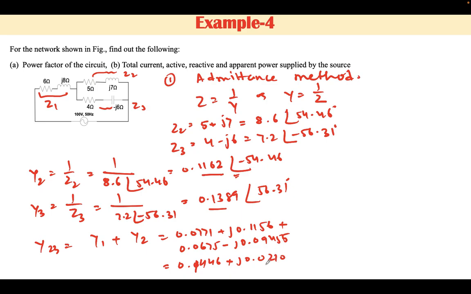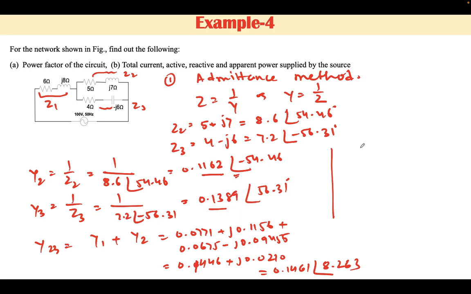Now converting it into polar form again, the resultant value will be 0.1461 angle of 8.26 degree. Now this is Y23.